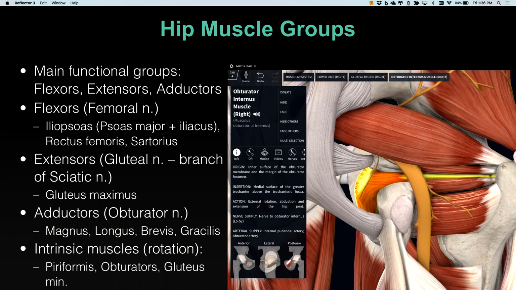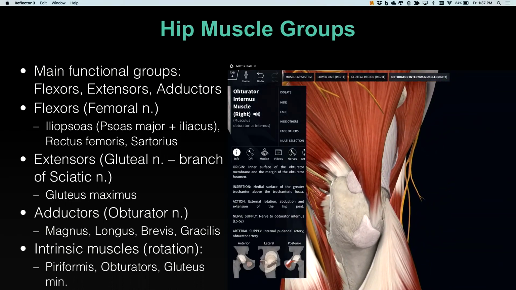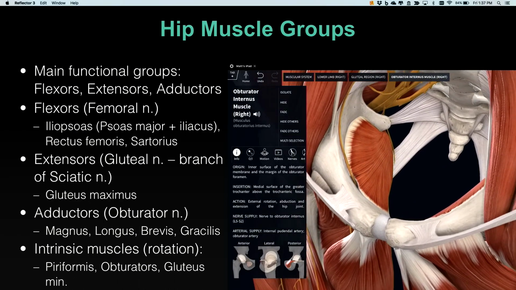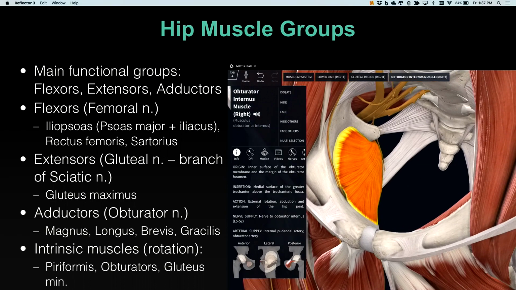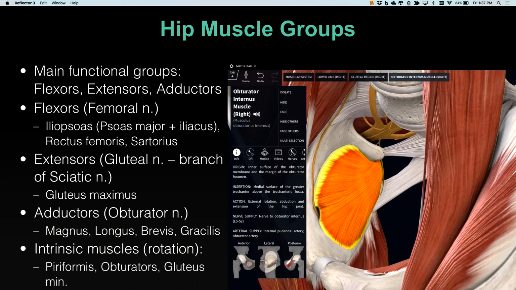So you can see this is looking through the pelvis on the interior surface of the ischial bone, of the pubic bone. The entire area is covered by Obturator Internus. It covers the membrane as well, the obturator membrane. The entire interior surface of the pelvis is the origin of Obturator Internus.